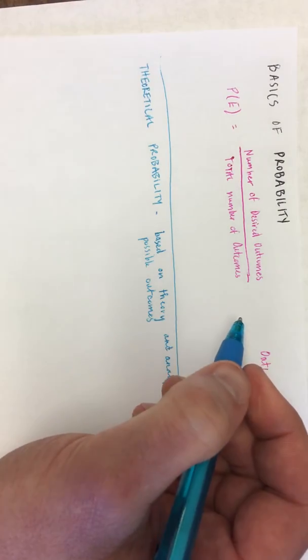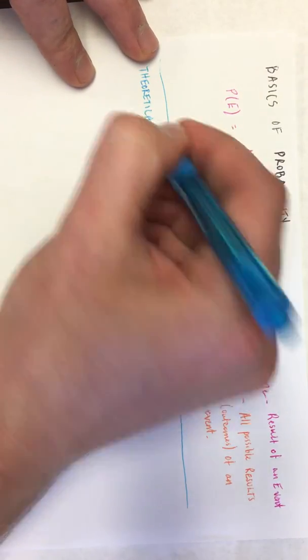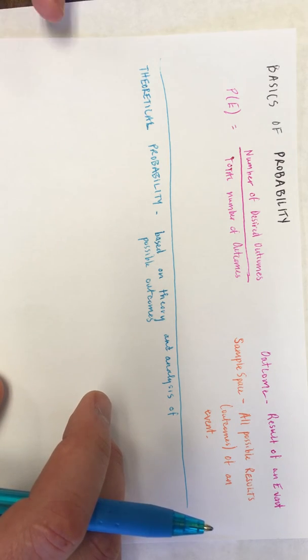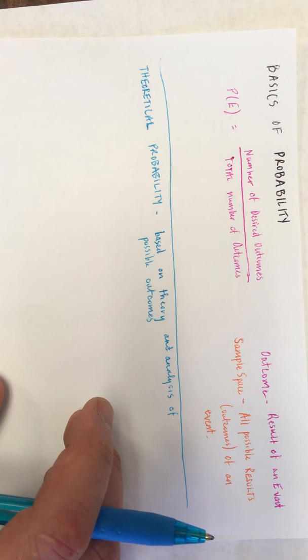And you see this when you start rolling dice or looking at a deck of cards. The probability of getting a 2 on a die is 1 out of 6. But when you're rolling dice, there are occasions when you get 2s repeatedly, which would break the theoretical probability down.